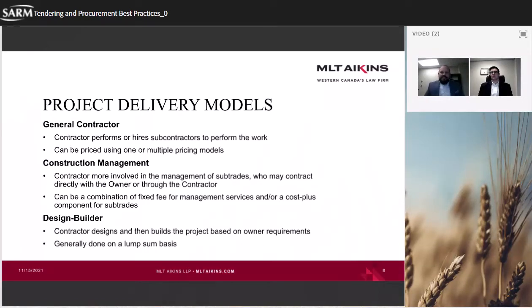Construction management is a little bit different entity and a little bit different animal. And really, it gets very much blended in the world of the CCDC 5B, construction manager at risk, which is a contract that many of us may be familiar with.